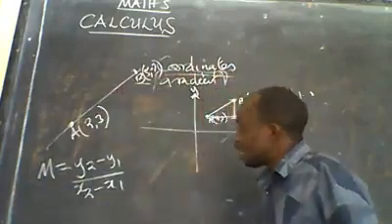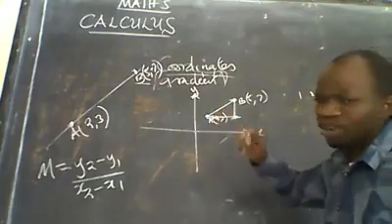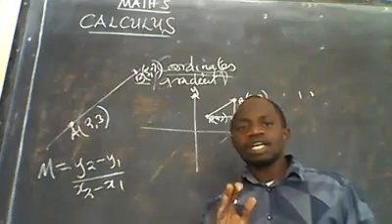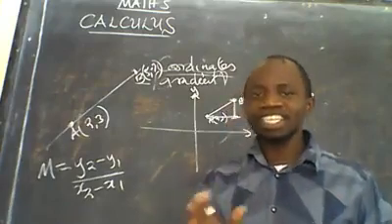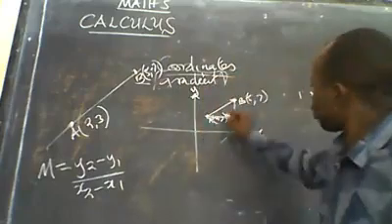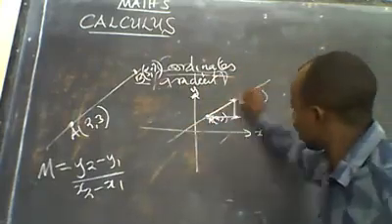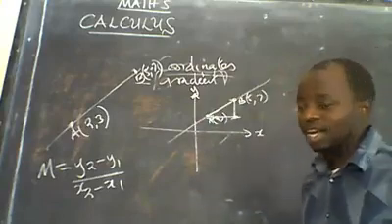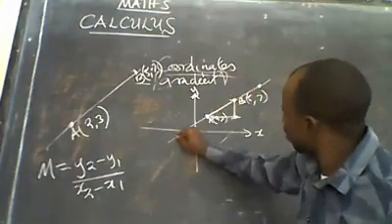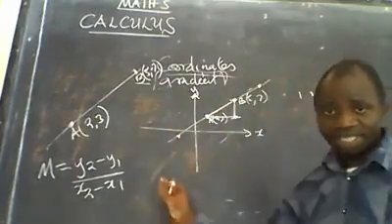Because the other thing that you need to take note of here is that as long as it is a straight line, the gradient at any point is the same. If I had to extend this line the way it is, I can have another point, I can have another one, I can have as many points as I want in that same straight line.